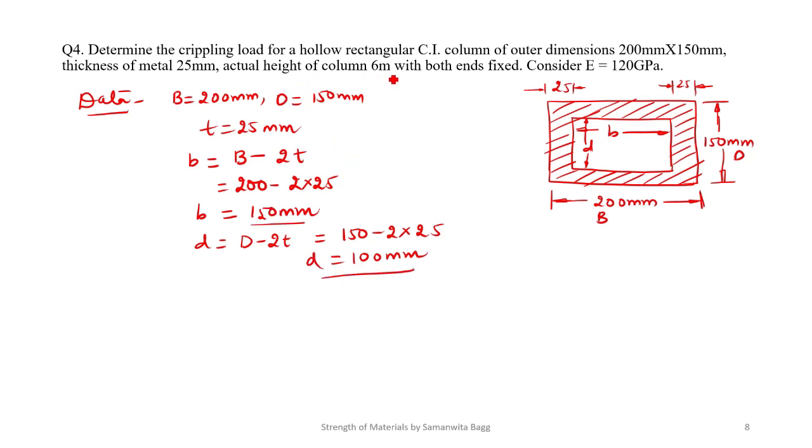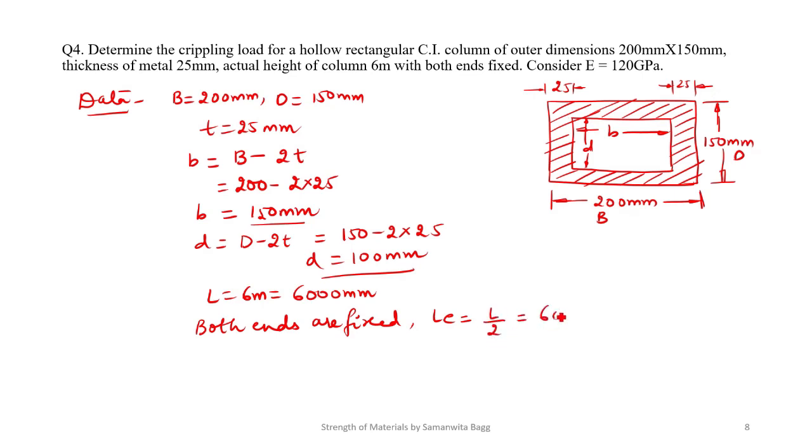The actual height of the column is 6 meter. So L is given as 6 meter, that is 6000 mm, with both ends fixed. It is given that both ends are fixed. LE will be L by 2. So this is 6000 upon 2, that is 3000 mm.